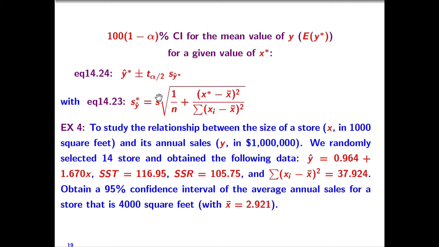And we also need to use this equation 14.23 to compute the standard deviation of y hat star, and we need to find the square root of 1 over n, where n is 14. So you have x star to be 4, and then x bar is 2.921, and then the denominator, the total sum of squares with respect to x, will be 37.924.